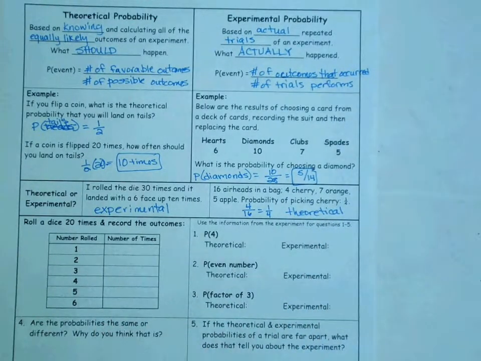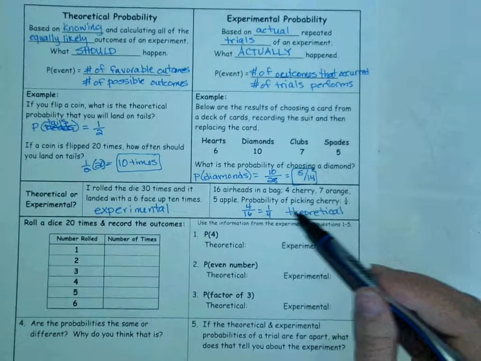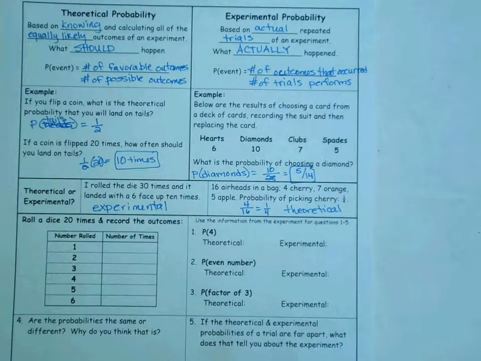Yes, it is definitely possible that if you chose candy out of the bag 16 times, replacing it each time, you may actually choose 4 cherry out of the 16, but this is just theoretical. It didn't mention anything about an experiment occurring.